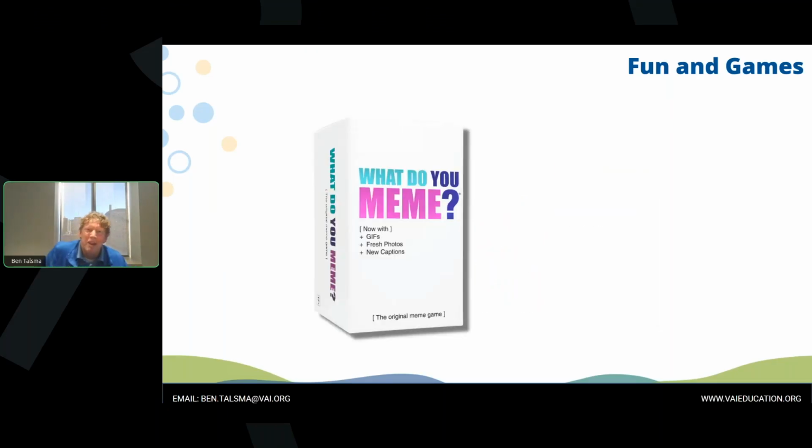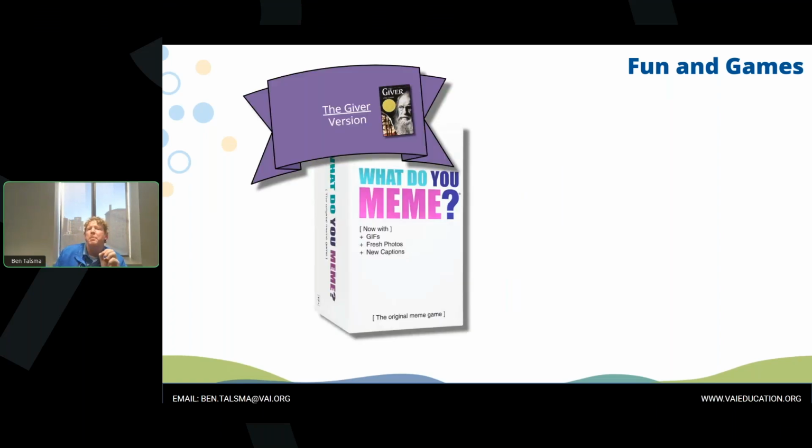And perhaps my favorite game is a version of the game, What Do You Meme? This is like the apples to apples game where there's a judge and then people play different cards. But what you do here is your cards are meme pictures and your judge cards, the cards the judges look at, are connected to something you're learning. For instance, The Giver.